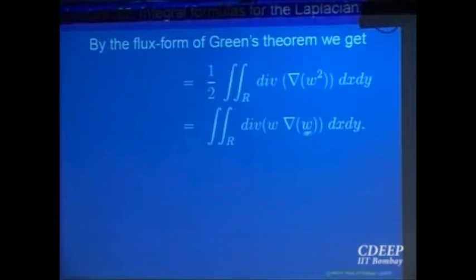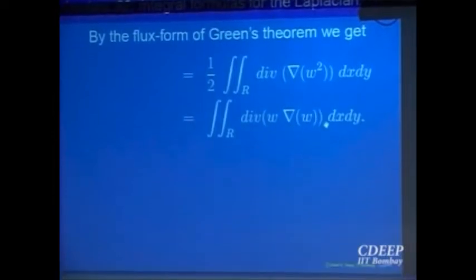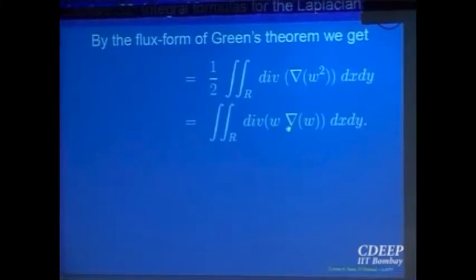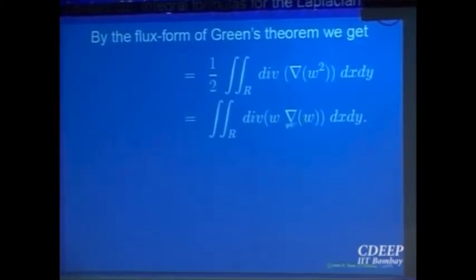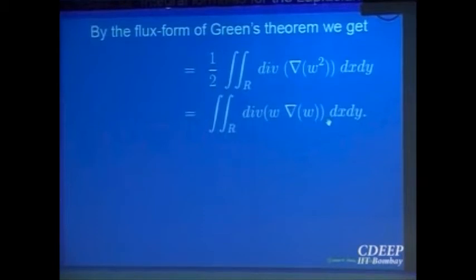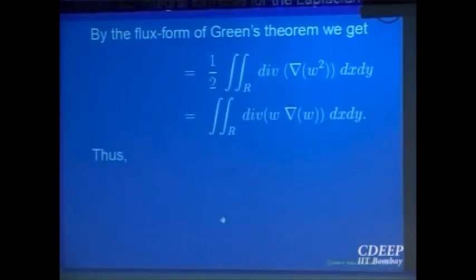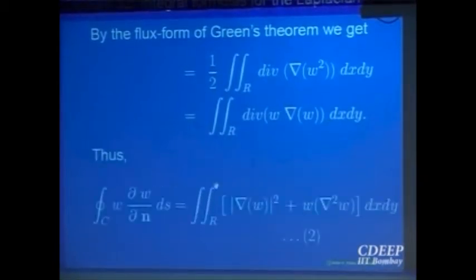Let us expand what the divergence of this thing is, using those identities that we have done. W is a scalar, the gradient is a vector. So when you expand, it looks like a product kind of thing. The first term will give you del W dot del W, that is norm of del W squared, and the second will give you W times the divergence applied to del, that gives you del square W, like the product rule.